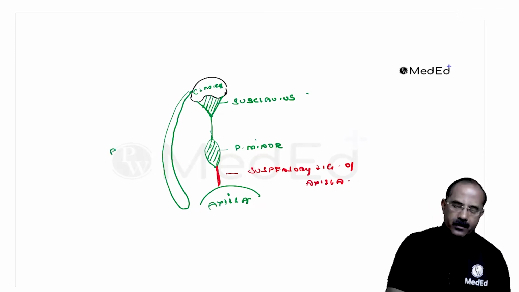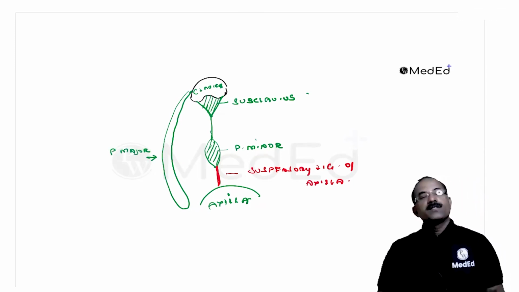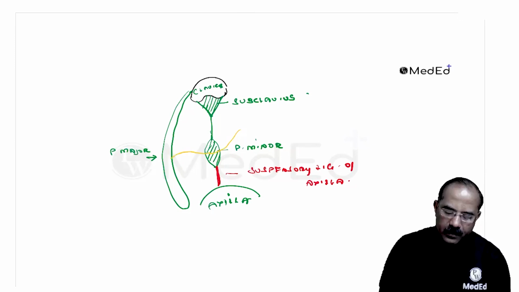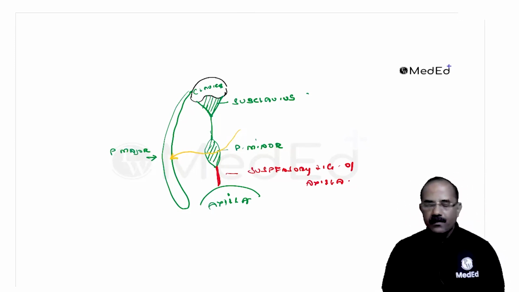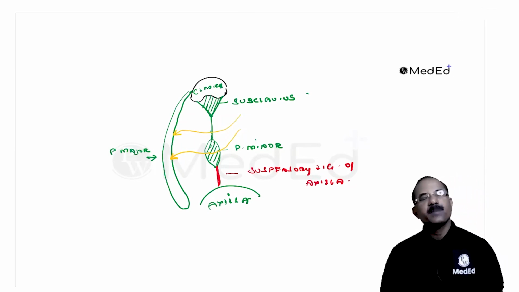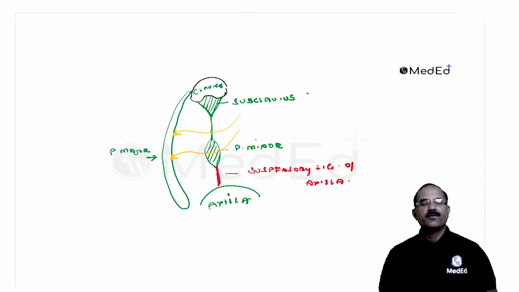This is the pectoralis major. So what is the medial pectoral nerve doing? It pierces the pectoralis minor and then goes and supplies the major. The lateral pectoral nerve pierces the clavipectoral fascia and pierces the pectoralis major. Fine?